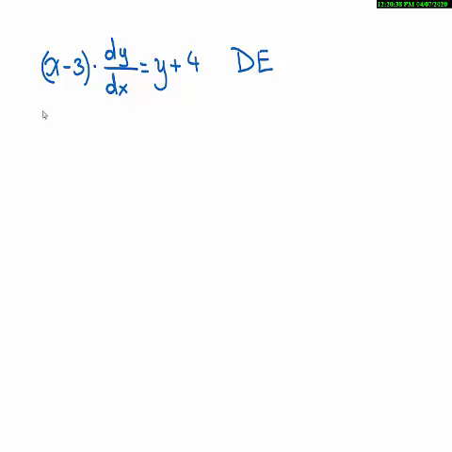Now, what I'm looking for is to see if the following function, y equals 5x minus 19, is a solution. Is this a solution for, let's call this now B? That's the question that I try to solve.